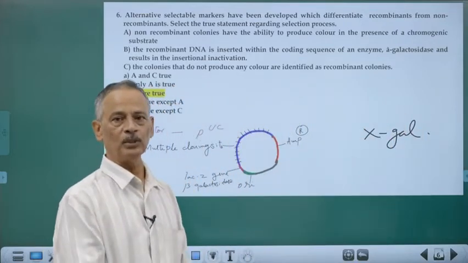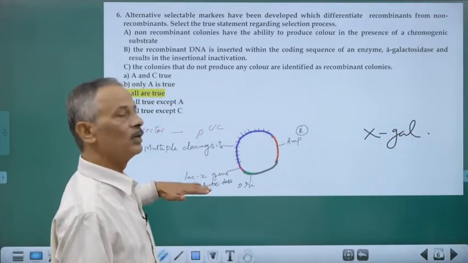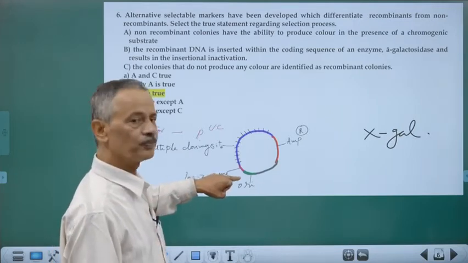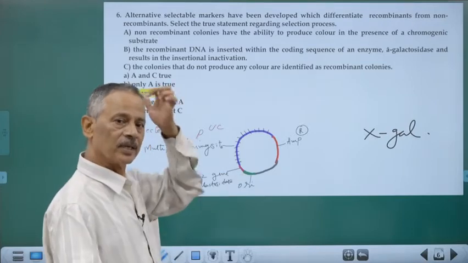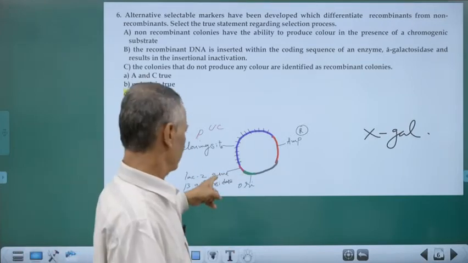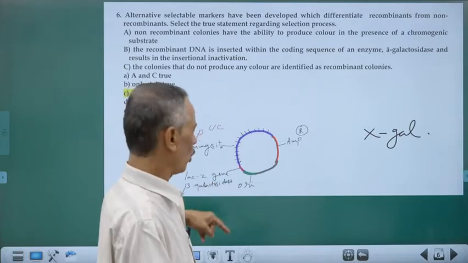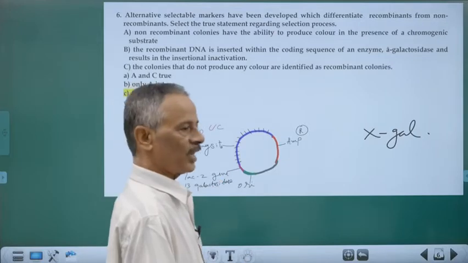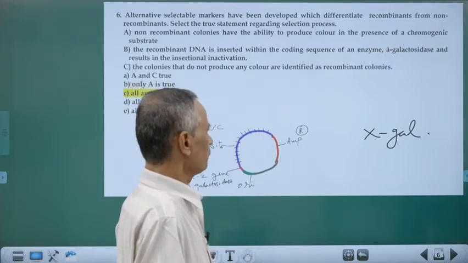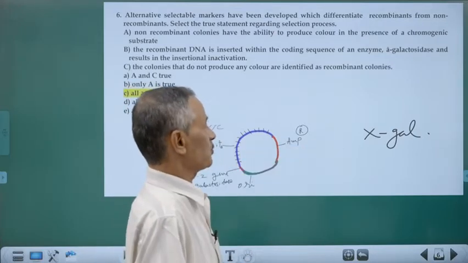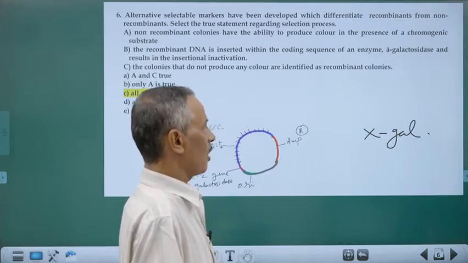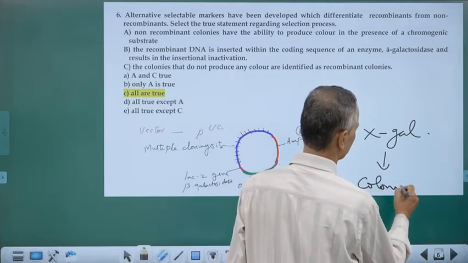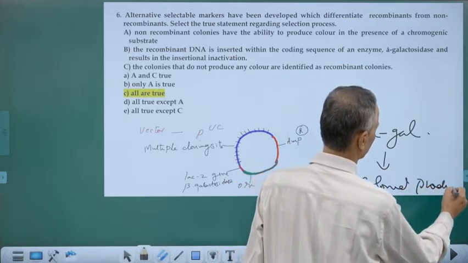X-gal is a chromogenic substance similar to lactose. Okay. Here you have the lacZ gene. The lacZ gene we study in the lac operon. That gene is taken from E. coli itself, and the lacZ gene produces the beta-galactosidase enzyme, which acts on this chromogenic substance called X-gal, and the X-gal is converted into colored products by that enzyme.